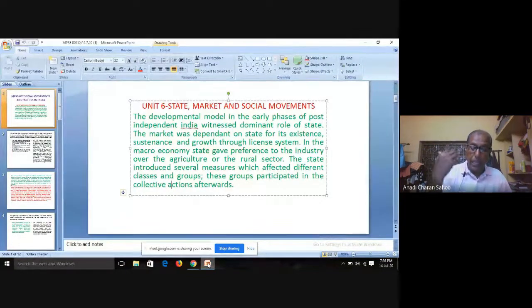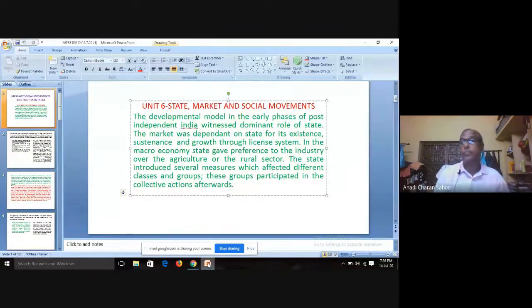Agrarian classes, working classes, women classes, Dalitas, OBCs, environmental or ecological groups. These are the social groups which participated in the collective actions. Movement is otherwise known as collective action. Here, collective action is referred to movement. What type of movement? Social movement.